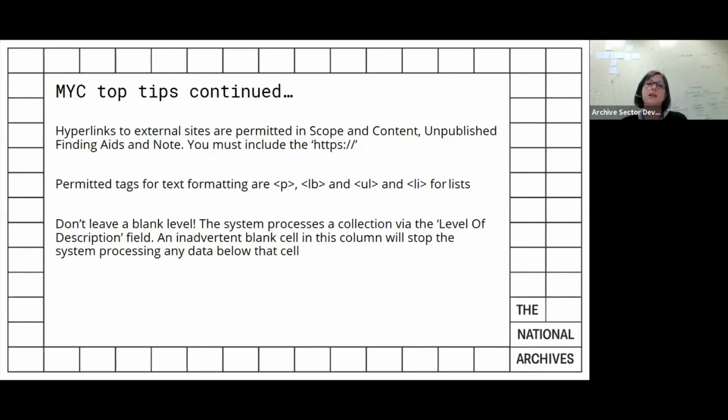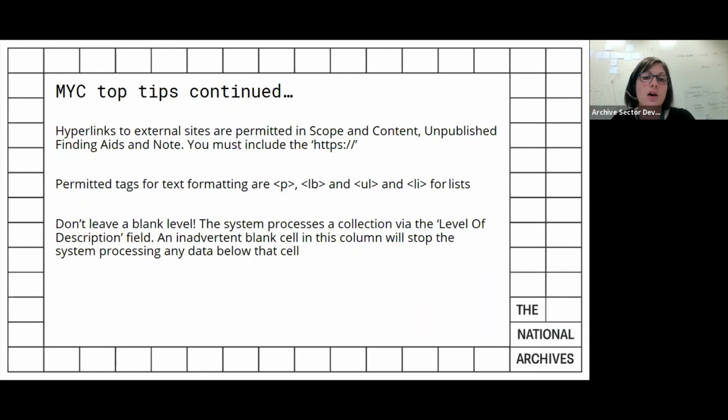So hyperlinks can be added. For example, you can add a hyperlink to your online catalogue. You can add a hyperlink to a third-party website where you host digitized images, for example, that you want researchers to know there's online access to that digitized content.